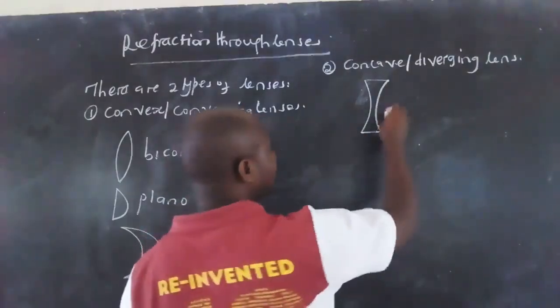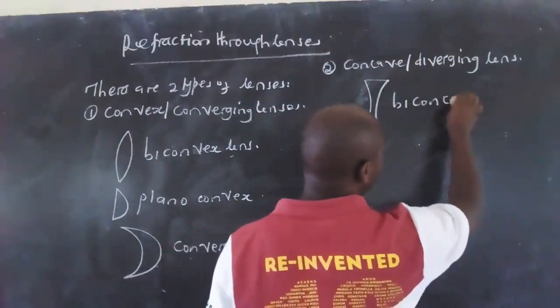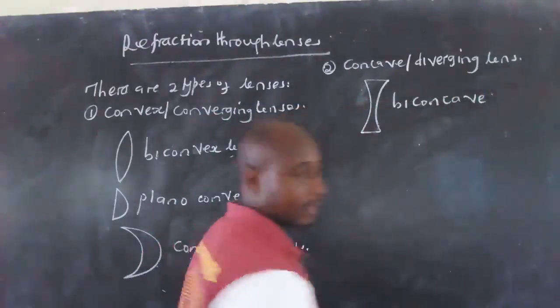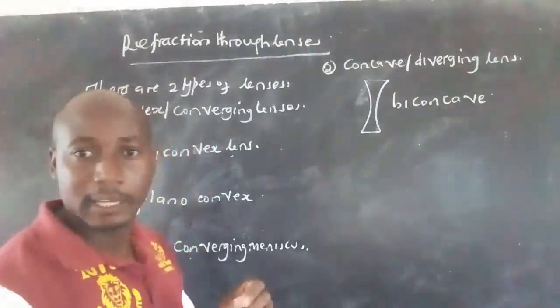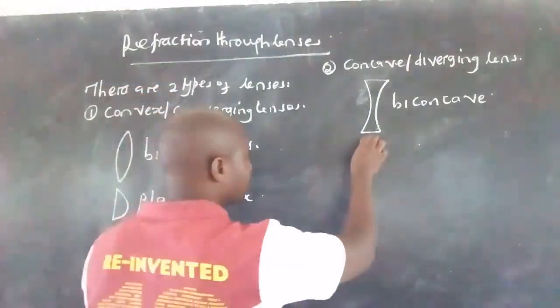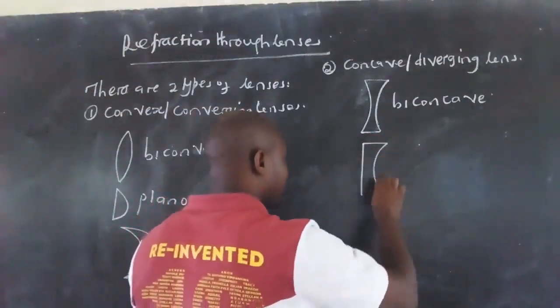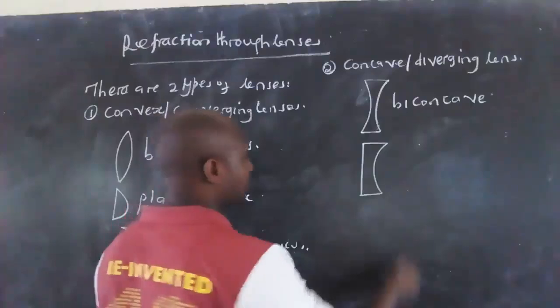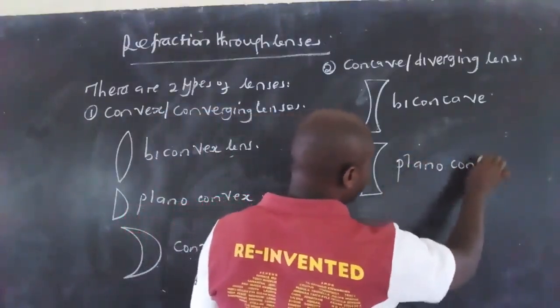This one we shall call biconcave. Okay? That is biconcave. Then we have another one. One side is flat, then the other one is curved. This one is plano concave.